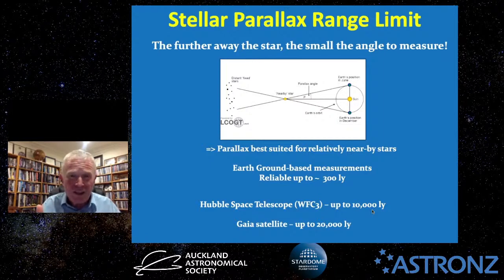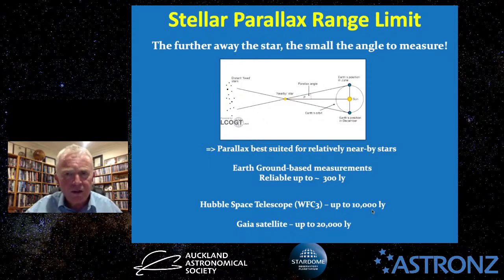The Gaia satellite, which is dedicated to this sole purpose of measuring angles and working out the distance and positions of objects, can actually measure with reasonable accuracy out to about 20,000 light years. Now, that's quite some distance, considering a light year is 10 million million kilometres. So this procedure is a very handy tool to use for stars and objects in our region of the Milky Way galaxy.